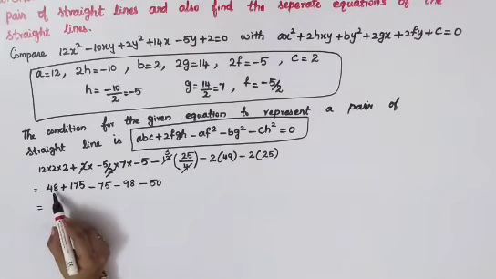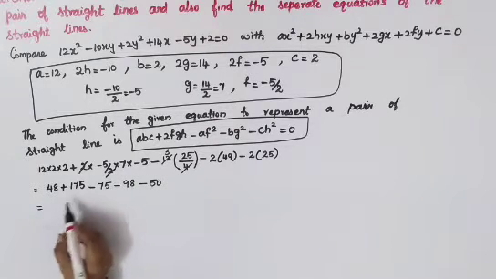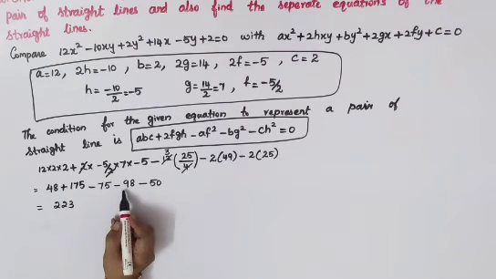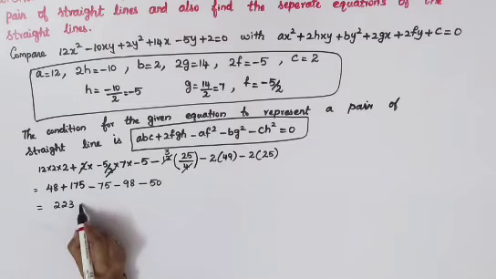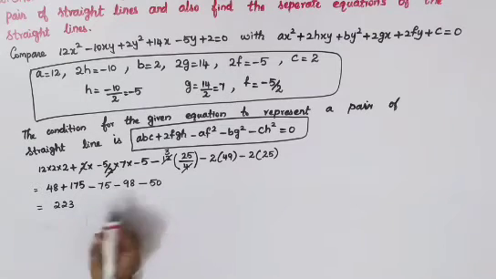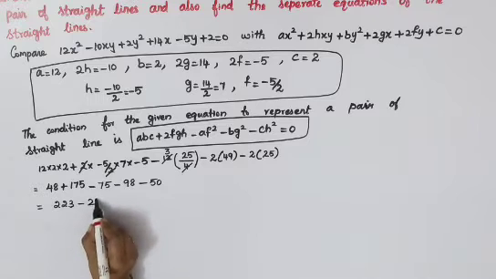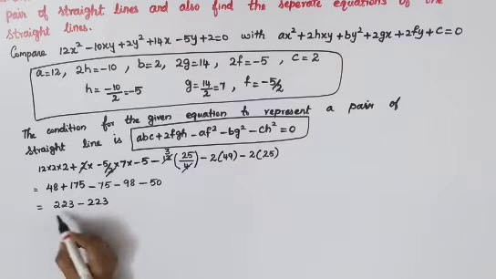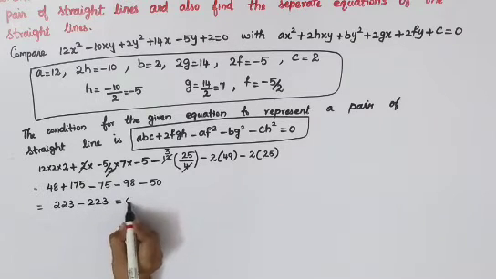Equal to 48 plus 175, if you add it, you will get 223. And here minus 75 minus 98 minus 50 is there. So add and give minus. When adding, you will get 223 again, so 223 minus 223, you will get the answer as 0.